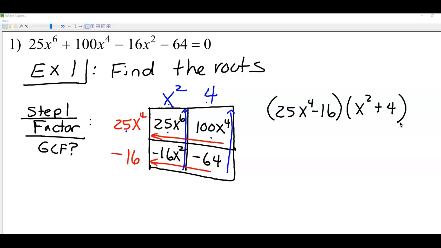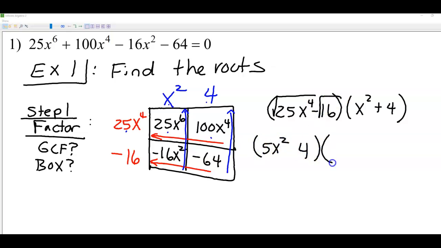All right, the next thing is, so box method, right? Now, these could be a difference of squares, right? This one is a difference of squares because I could take the square root of that. The square root of 25 is 5, and the square root of x to the 4th is x squared. So the square root of 25x to the 4th is 5x squared, and the square root of 16 is 4.